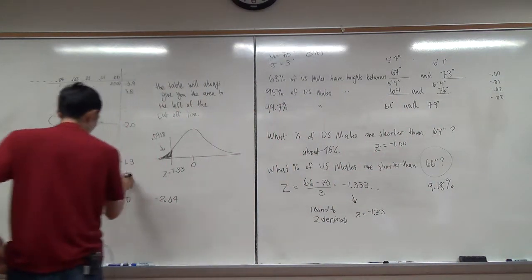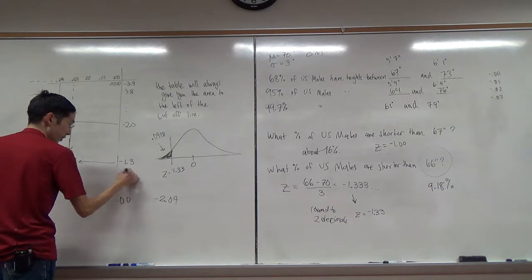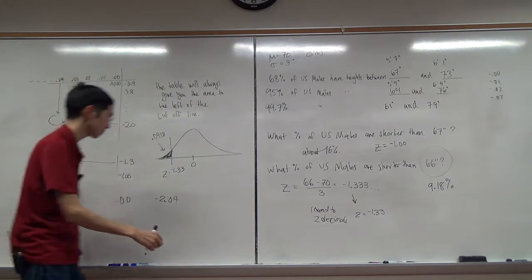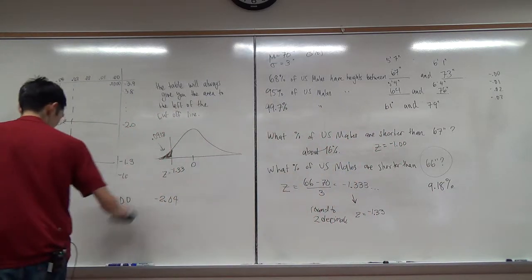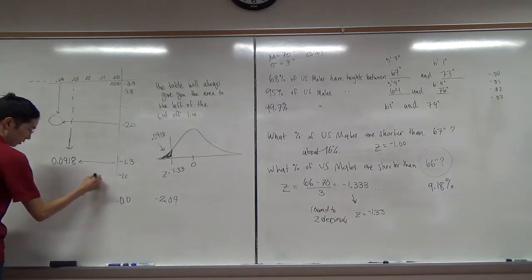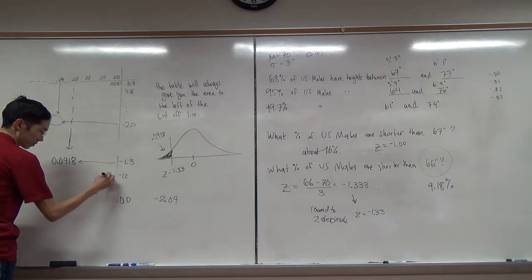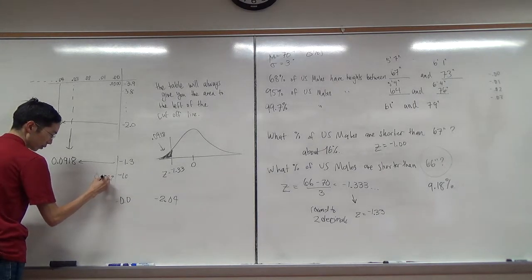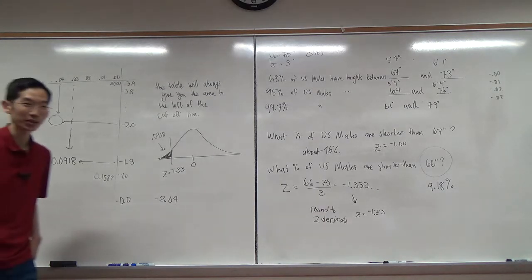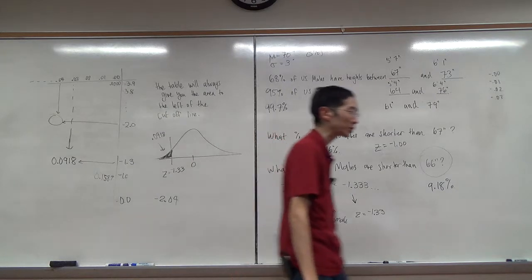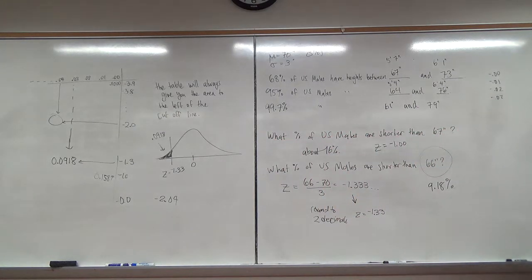And anybody who has his or her table can tell me what that is? 0.1587. 0.1587, okay? And so when we use the table, we see it's not exactly 16%, it's 15.87%. That's close enough for us to say 16%.